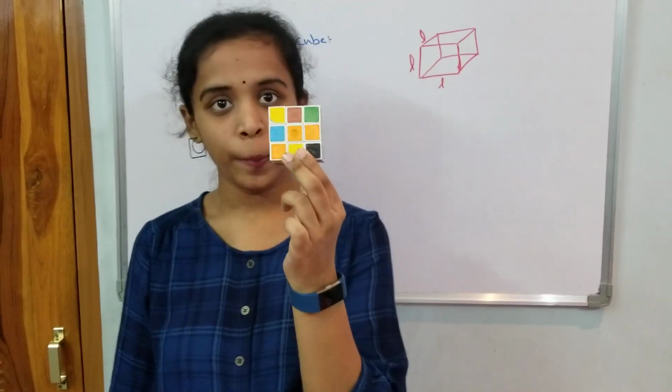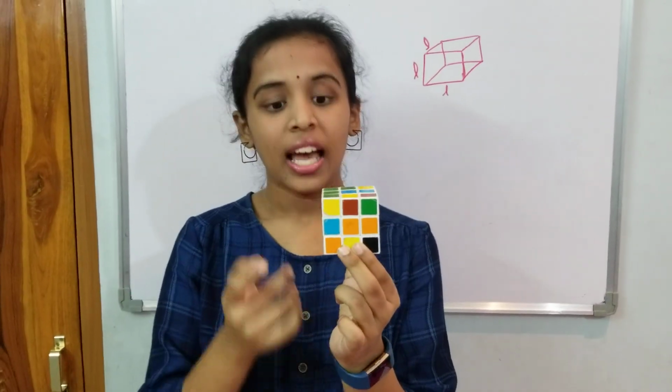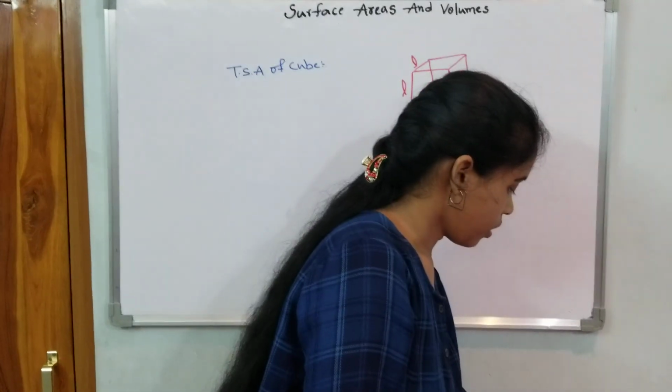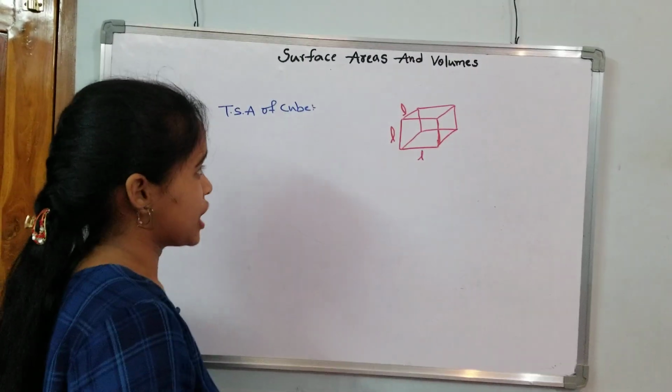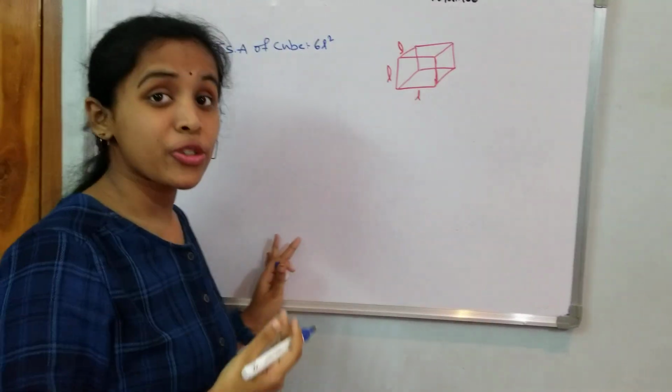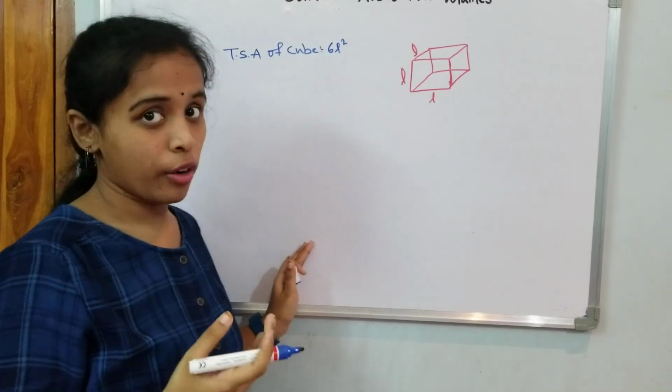It has 6 surfaces and only length. So it has only 6 surfaces, right? So it is 6L square. Now let's find out the curved surface area of cube.